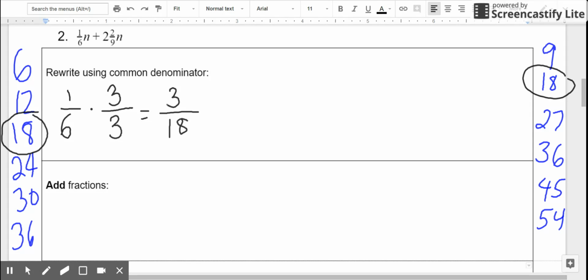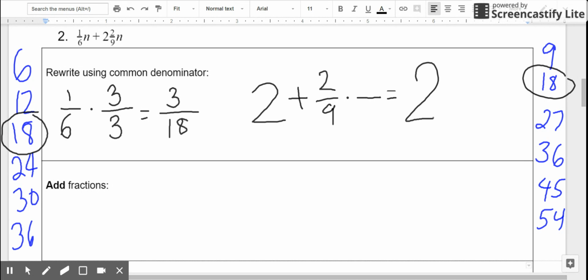I'll do the same thing for 2/9. I'm going to ignore the whole number of 2 right now because I don't need to change that denominator. So I'm taking 2/9 times something, and that 2 is not affected by my multiplication because of order of operations, but it's going to give me something out of 18. I know that 9 times 2 is 18, so I'll take 2 times 2 to get 4/18 as my fraction.